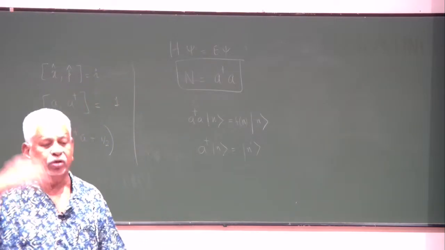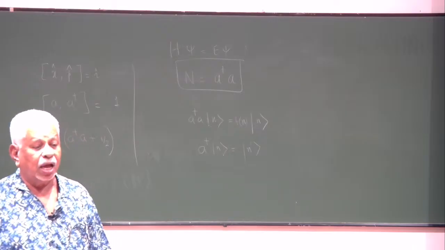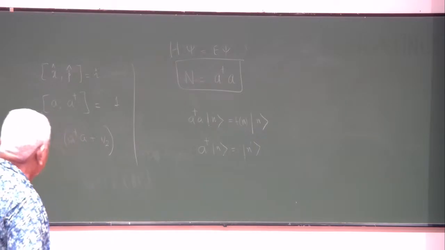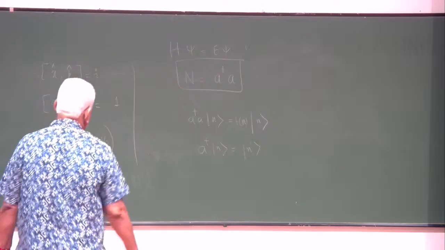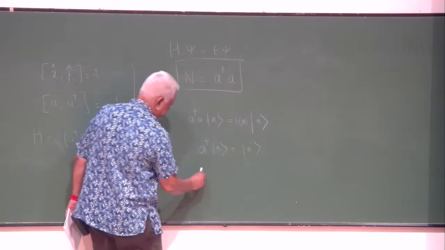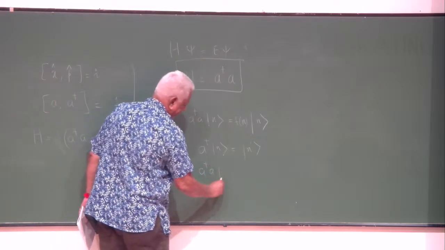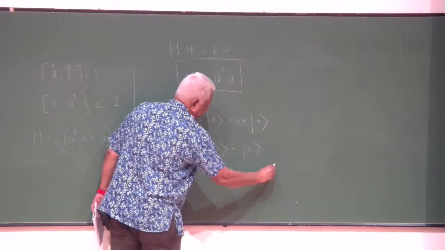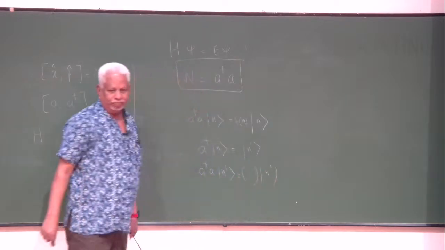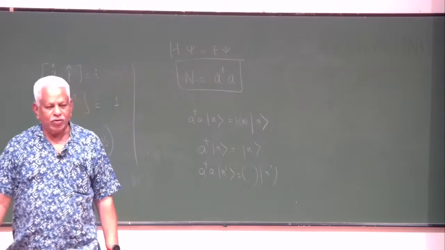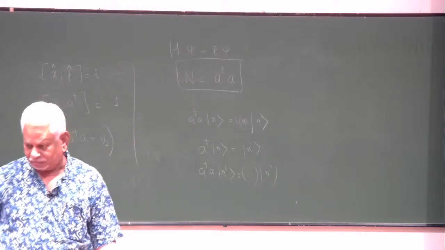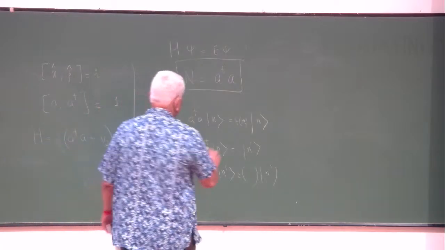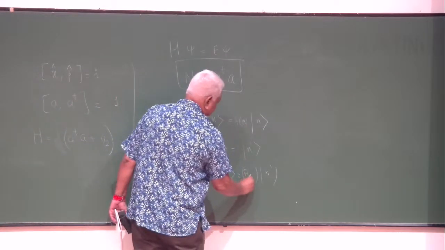A dagger is going to give you a new state, and n prime is also an eigenstate of A dagger A. The question is, what is its eigenvalue? The eigenvalue is one above n, so n plus 1.